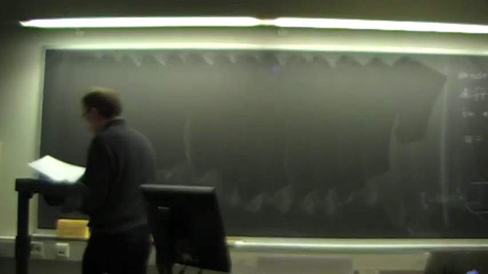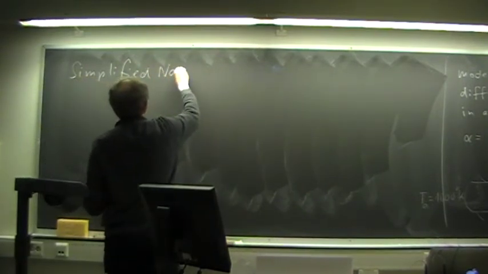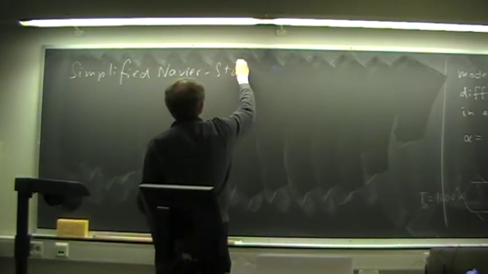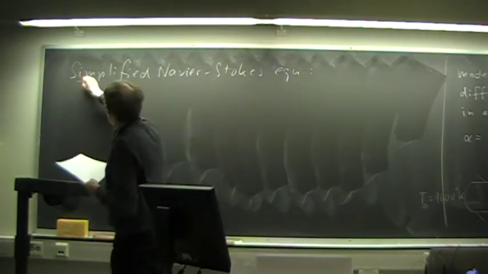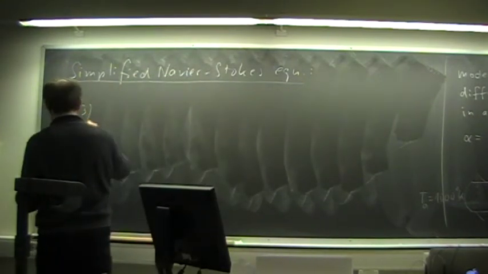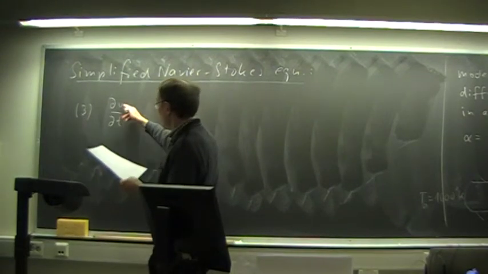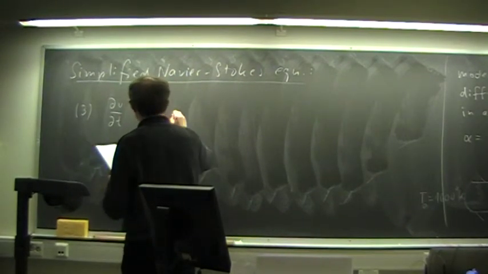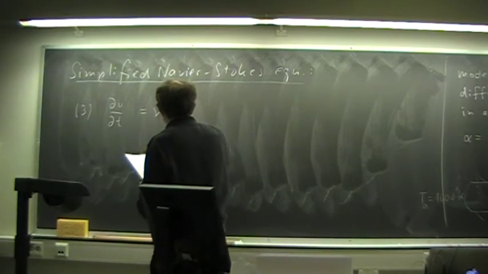So that is the simplified Navier-Stokes equation. And for the case that we are studying, which is related to the startup of Couette flow, it turns out that we get the time derivative of velocity u equal to the kinematic viscosity times the second derivative of velocity with respect to y.